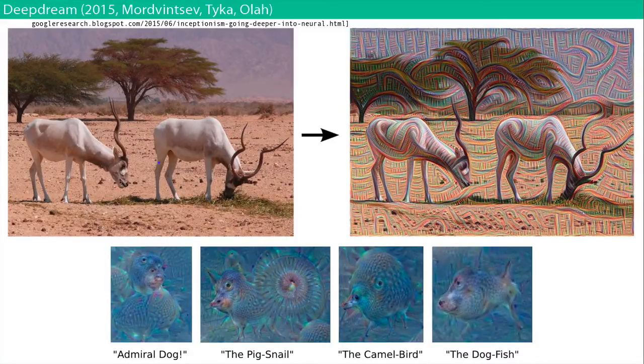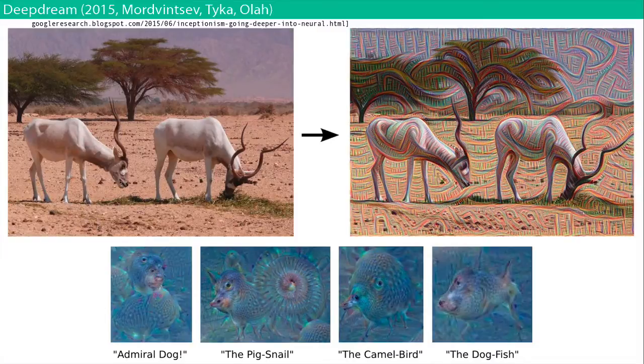You have this picture of, I guess, these hartebeests in the African savannah or something, and what you do is you pass it through a neural network, and then you look at its activations, and then remember that the low layer activations, like the first or second layers, are looking for things like edges or gradients, things like that. So it'll find a particular distribution of activations of these edges, and you can use this technique to change the pixels of the image so as to amplify those activations, so as to make more of them.